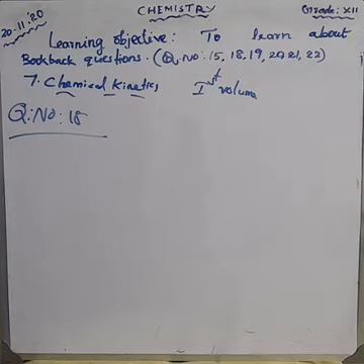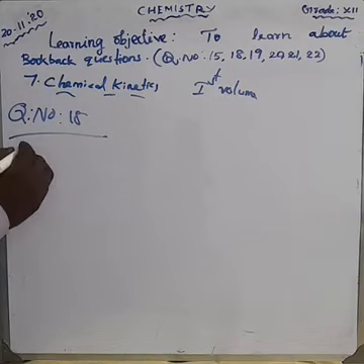Then we have to say which order. Rusting of iron is in which order? That's the question. And the radioactive disintegration of uranium 238, that is also which one? And the third option is 2A plus 3B gives product. That is which order? Okay, that is one of the 2-mark questions.